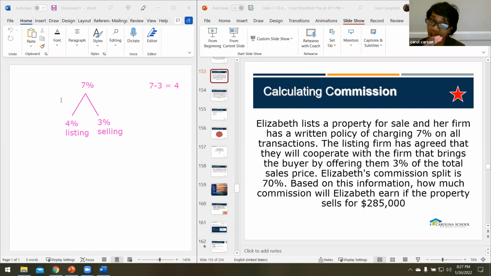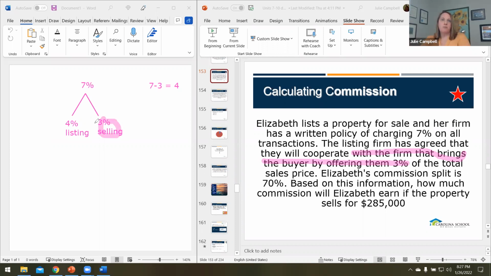Okay, but how could I not have gotten that turned around and put the 3% to the listing and 4% to the selling? Because they're going to cooperate with the firm that brings the buyer by offering them 3%. The firm that brings the buyer is the selling firm.